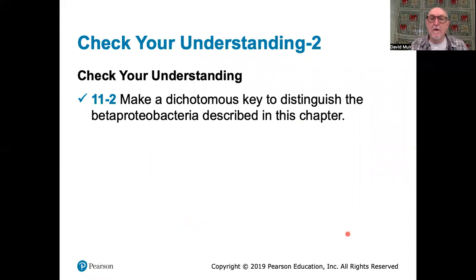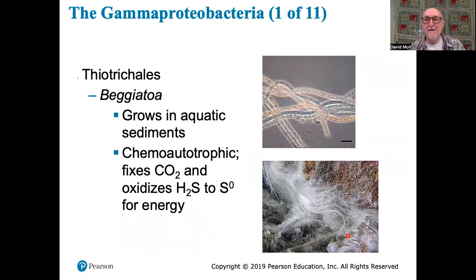Okay, so let's pass on now to the next really big group. And this is a group which contains many of the bacteria which are probably most familiar to you, and certainly those of extreme importance clinically and environmentally as well.